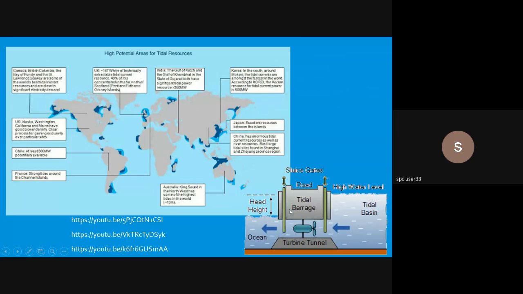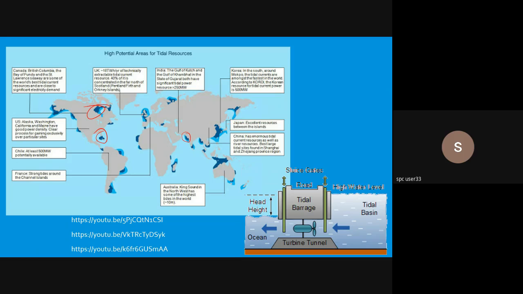You'll see that wherever it is in the interiors, the water gets blocked, and that's why you have very high tides. All these blue areas that you can see, and in India, the Gulf of Khambat, is where you're going to have very high tides.